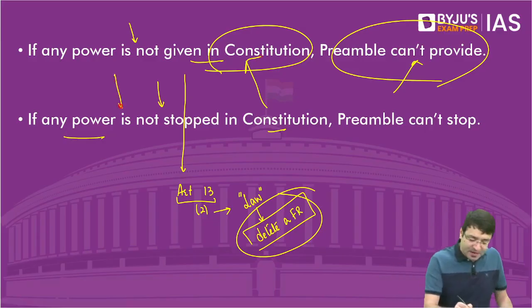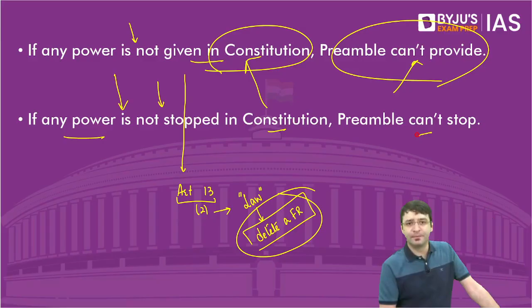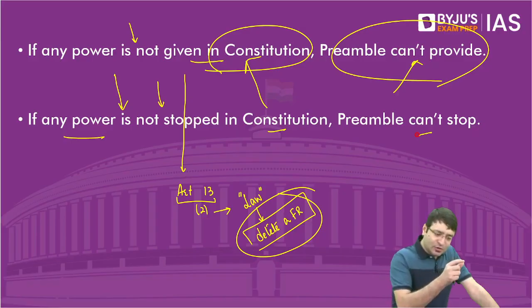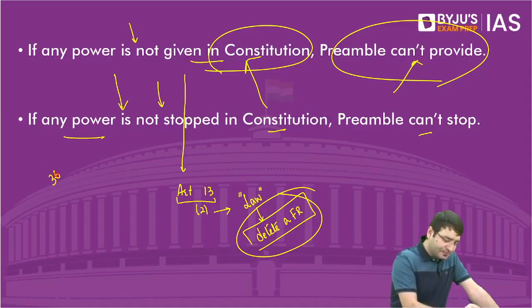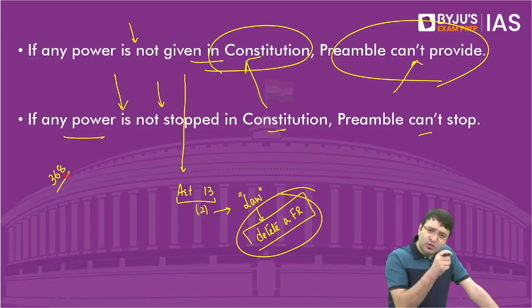Similarly, if a power is not stopped in the Constitution, preamble can't stop it. Can we say that the Constitution of India can be amended by Article 368? Yes. And by using Article 368, can Parliament amend the basic structure of the Constitution?